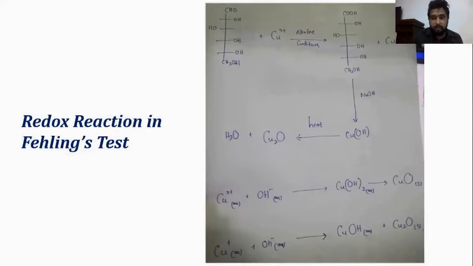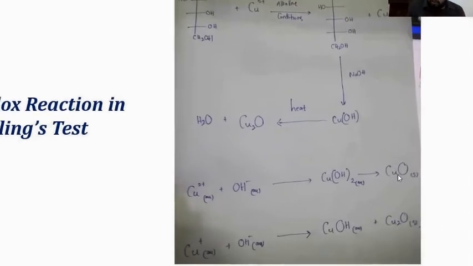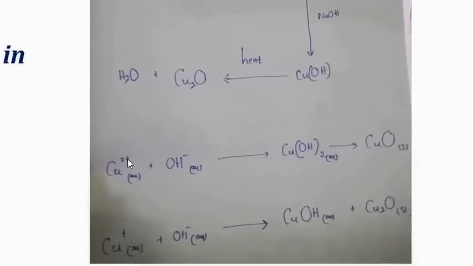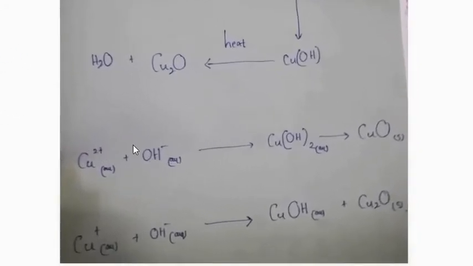When there's no tartrate, Cu2 plus can react with hydroxide and form cupric hydroxide. If cupric hydroxide forms in the solution, we cannot observe our results. Therefore, the presence of tartrate is very important.